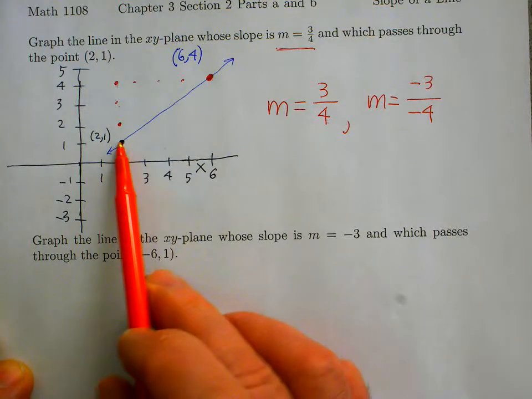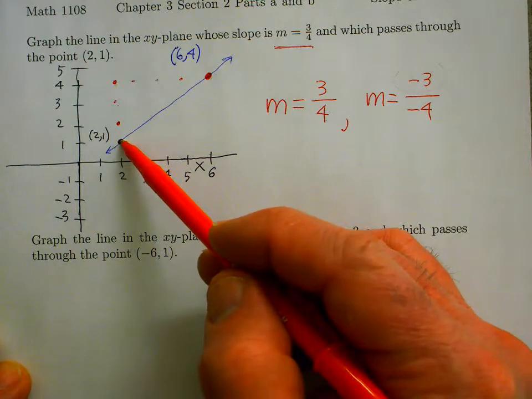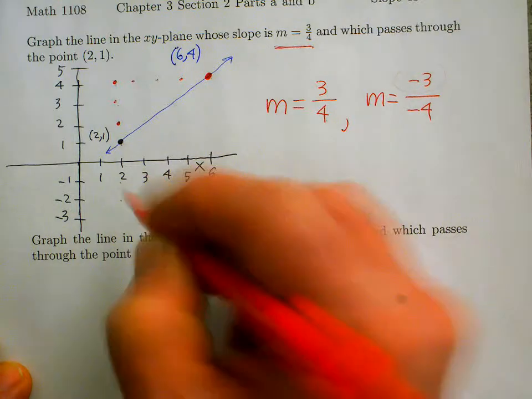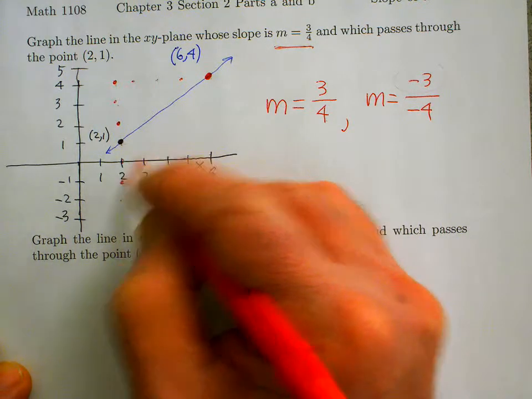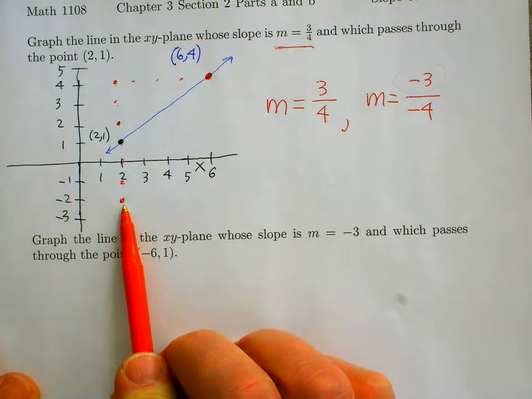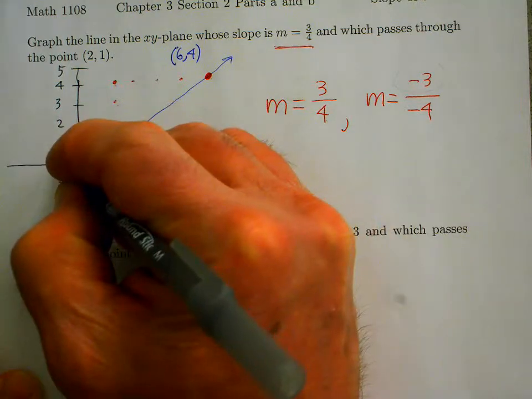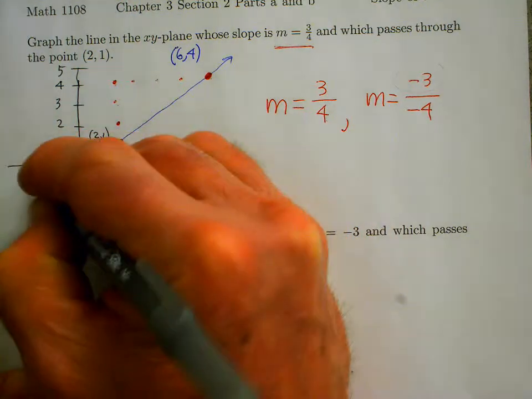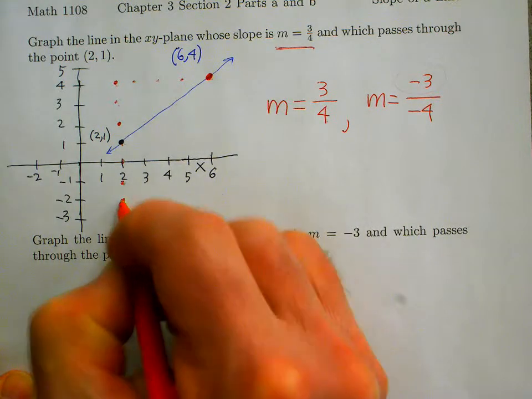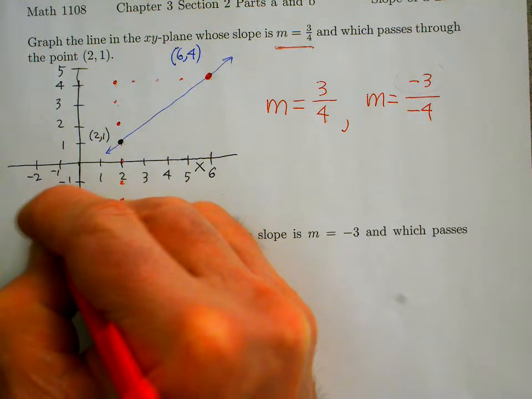So from this point, if the rise is -3, that means move vertically downward 3 units. So 1, 2, 3. So now we're at this point. And if the run is -4, that means move to the left 4 units. 1, 2, 3, 4. What's the ordered pair of this point?